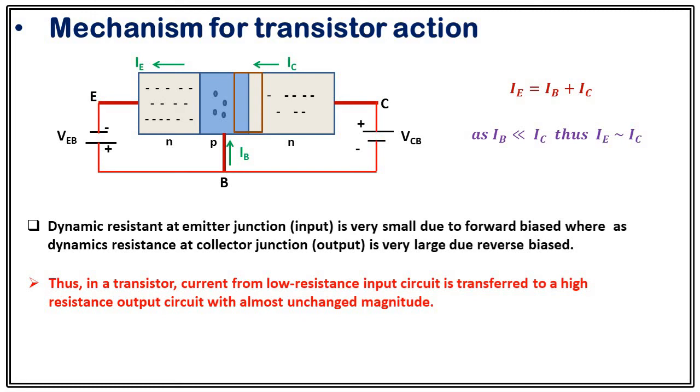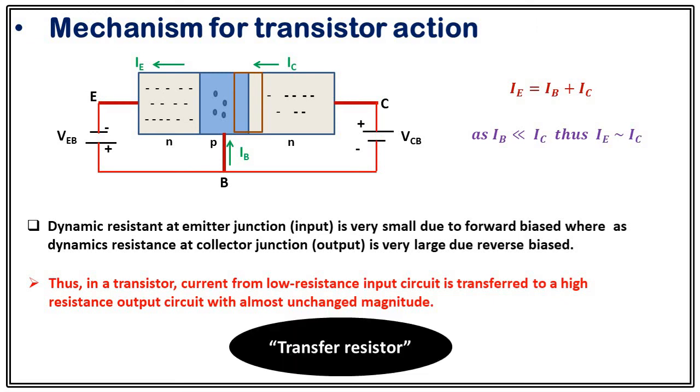In a transistor, current from the low resistance input circuit is transferred to the high resistance output circuit with almost unchanged magnitude, because collector current is approximately equal to emitter current. So what is it? It is transfer of resistor. And that's why the name transistor. So a transistor is also termed as a transfer of resistor.